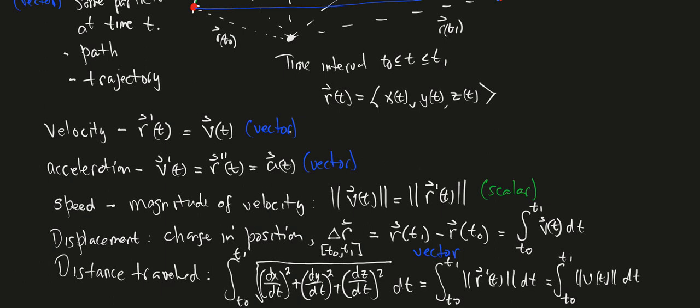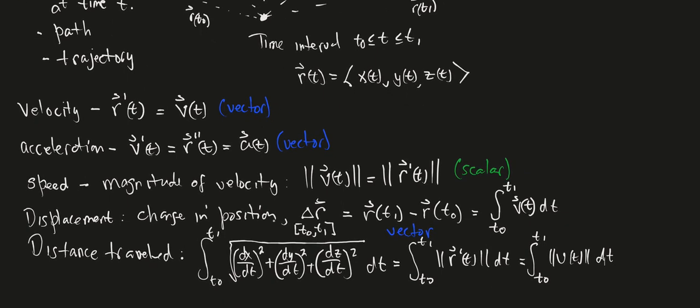Now there's a lot more that can go into this, but I just wanted to start with these 5 basic quantities. You're typically going to be given the position function, although sometimes you might be given velocity and asked to work backwards and find the position.